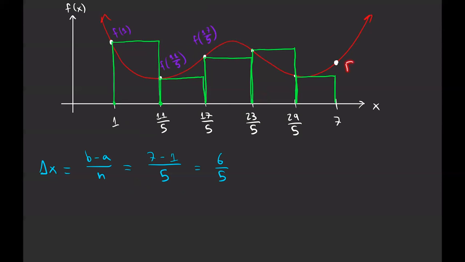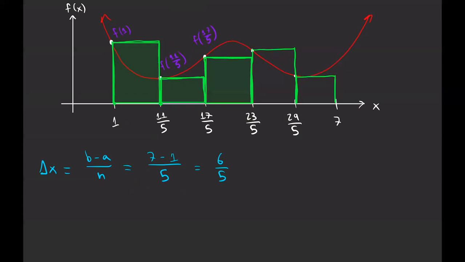I don't even care about this f of 7 right here, because we've made our approximation where we've hit this end point, we've hit b, so we're done. We don't even need to know what that is. And so what you've got here are these rectangles, which I can shade in, and for each of these rectangles we can calculate the area.